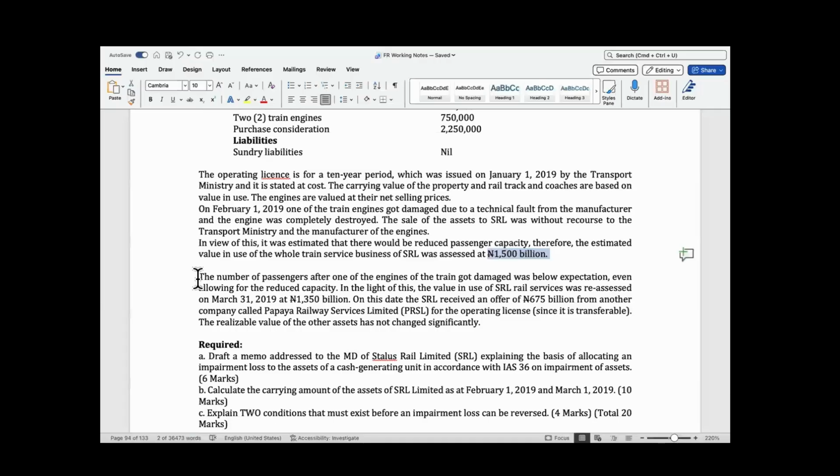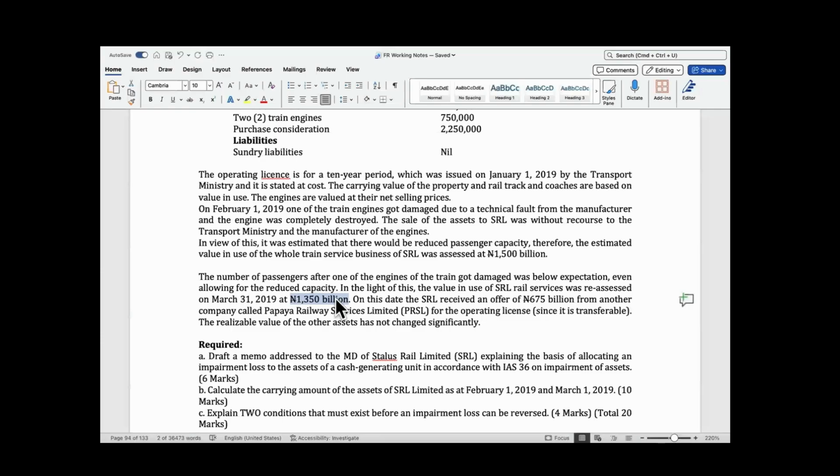We're also told that the number of passengers after one of the engines of the train got damaged was below expectation, even allowing for the reduced capacity. In the light of this, the value in use of SRL rail service was reassessed on March 31st, 2019 at 1,350.